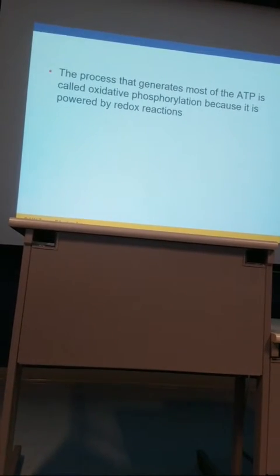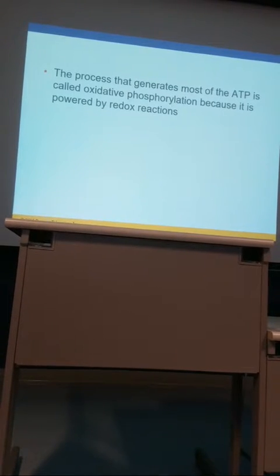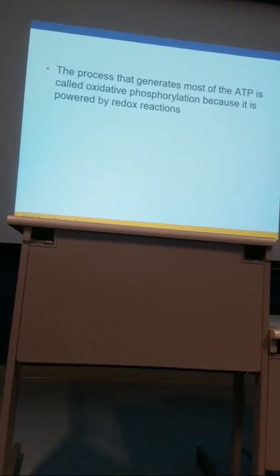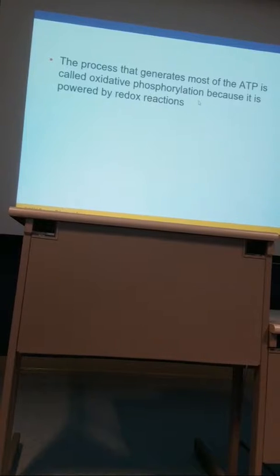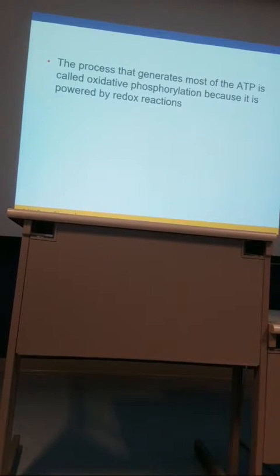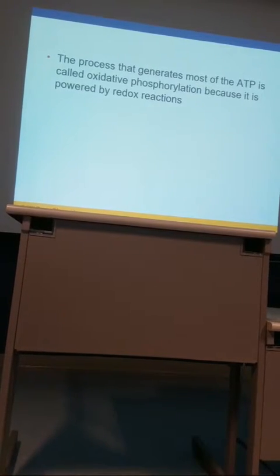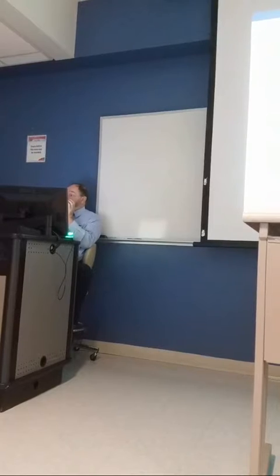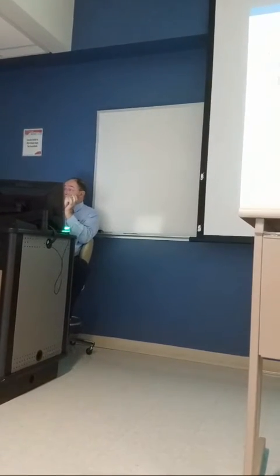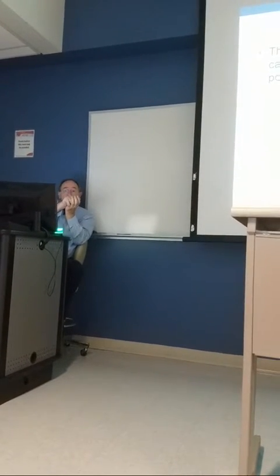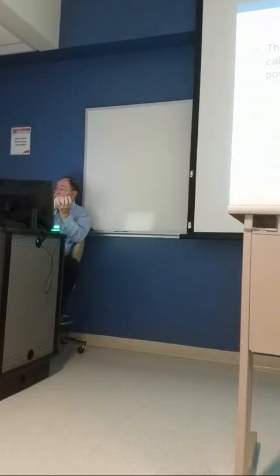Oxidative phosphorylation occurs because an electron is given up and used then to phosphorylate ADP. Substrate phosphorylation is an enzyme doing what an enzyme does. It acts as a substrate holder, and it brings 2 things together in which the phosphorylation can occur.